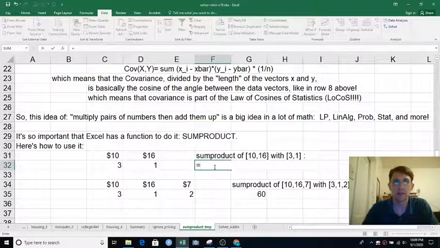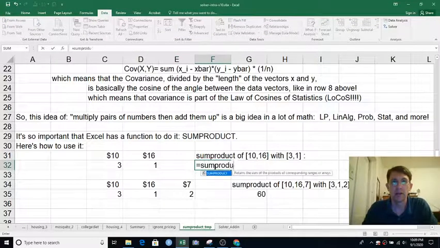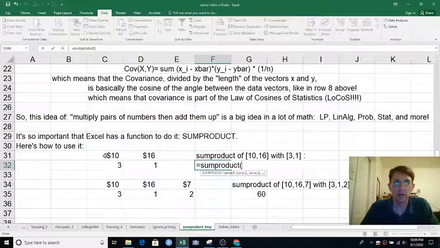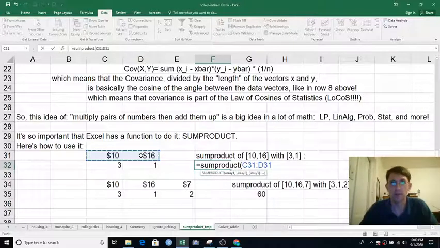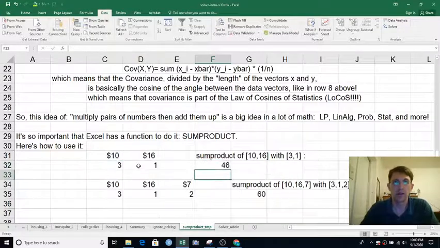So I'll just start typing it here. You say SUMPRODUCT of this vector, like we said 10, 16, with this other vector. Maybe I'm making 3 chairs and 1 table, for example, and hit enter, and it will do 10 times 3 plus 16 times 1, and we get 46.